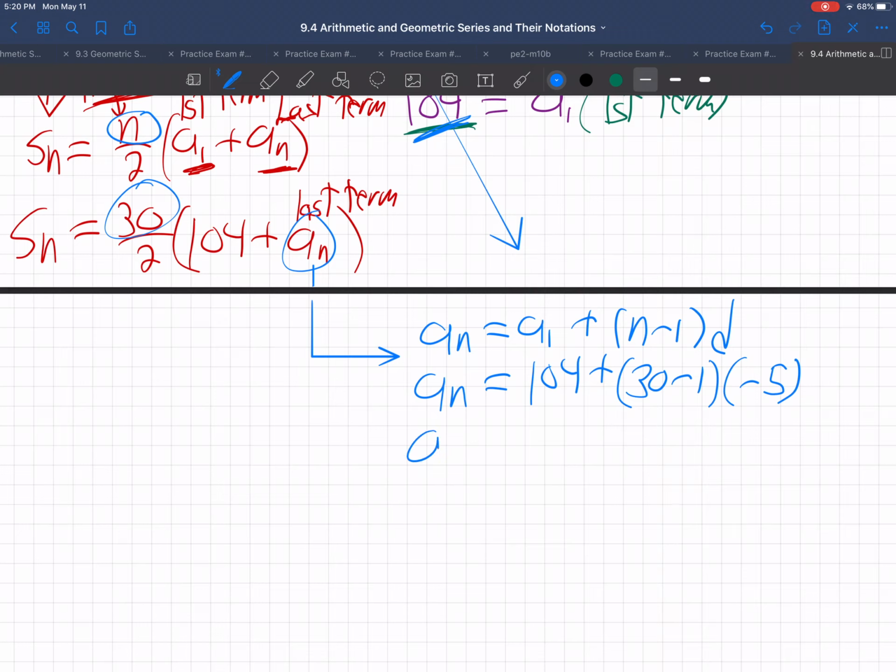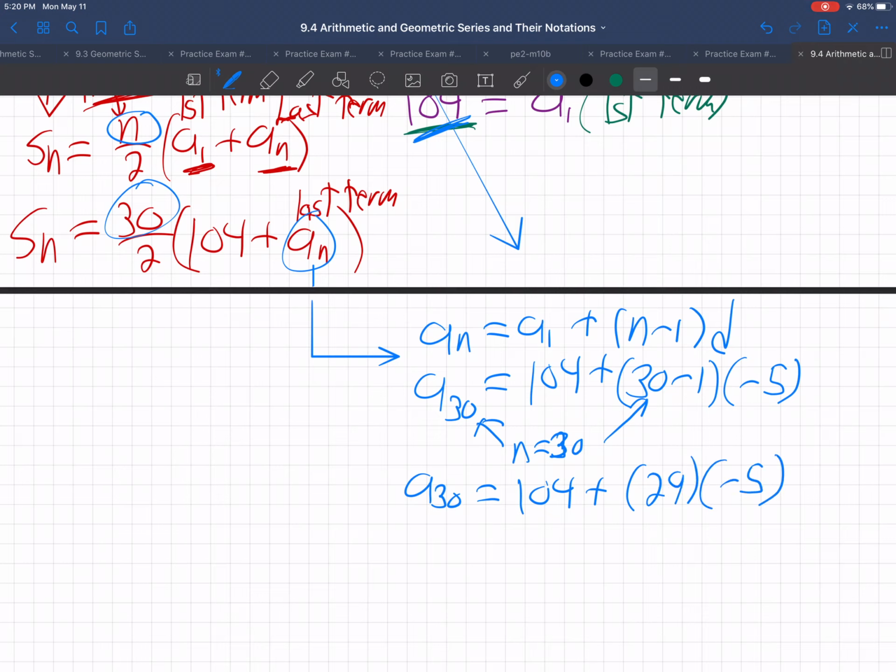And you can even put in, if you want, this n is technically 30 in both places because you're finding the 30th term, the last term. So it's 104 plus 29 times negative 5. It's 104 minus, what's that, 145. So the 30th term is minus 41.